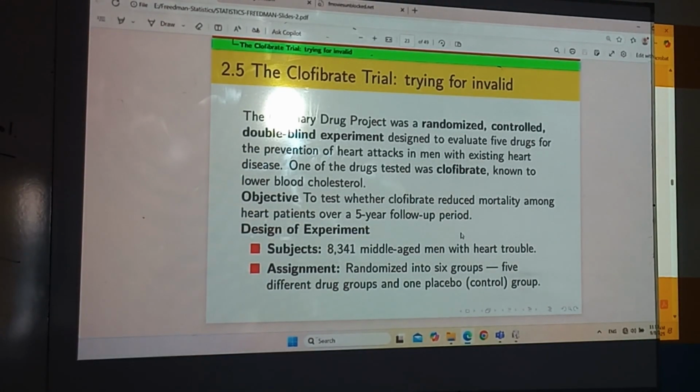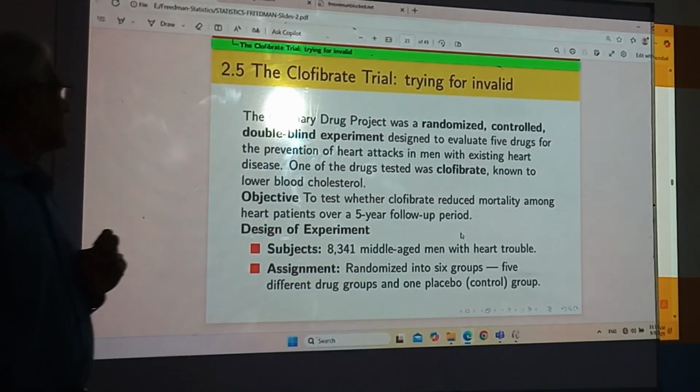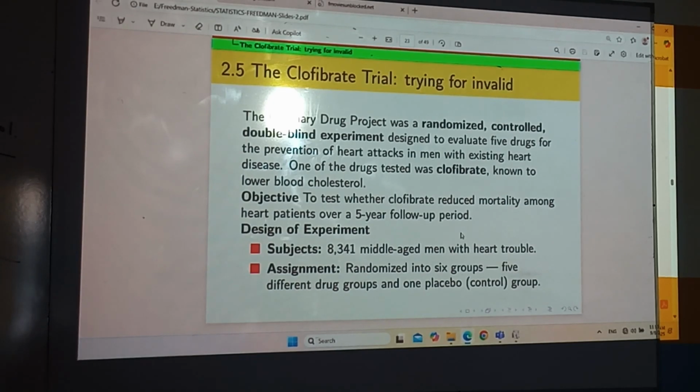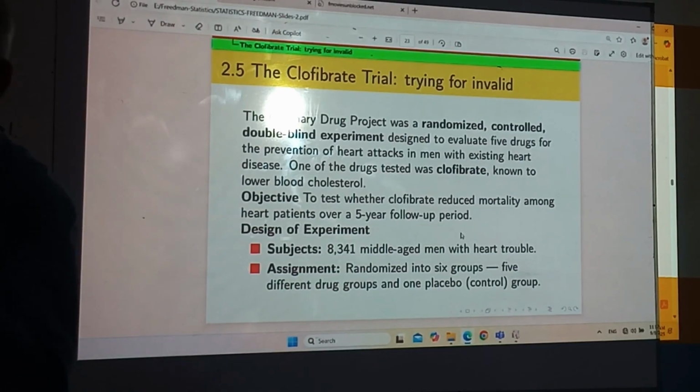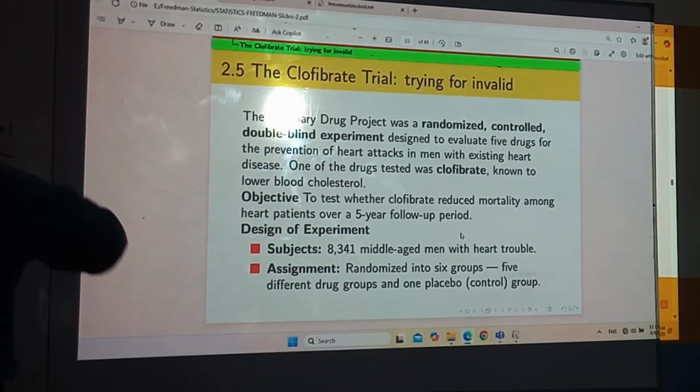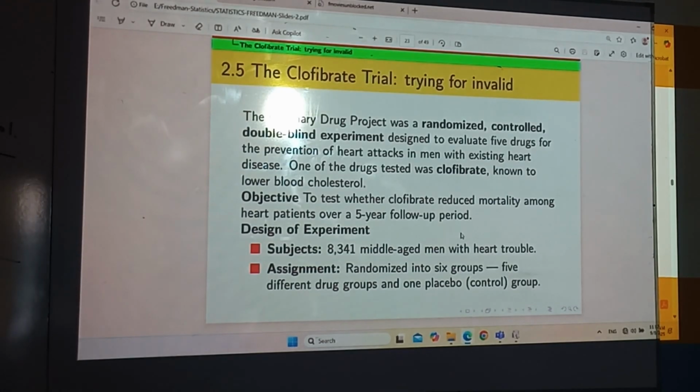So this is the Coronary Drug Project, which was a randomized controlled double-blind experiment. This is a very good experiment designed to evaluate 5 drugs for the prevention of heart attacks in men with existing heart disease. So they were not actually testing one drug, they were altogether considering 5 drugs, but in this particular example we are considering only one of those drugs.